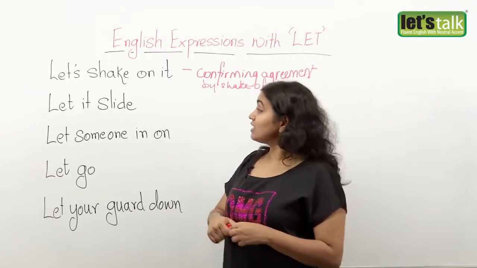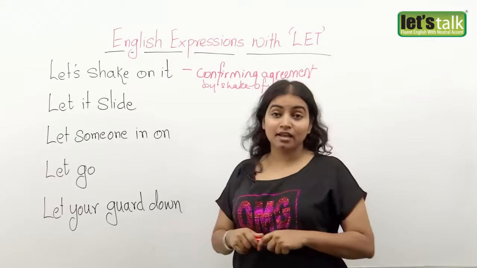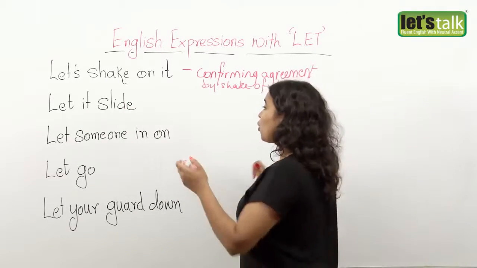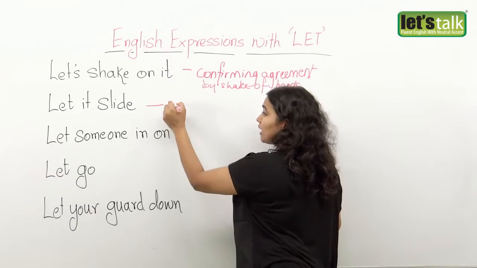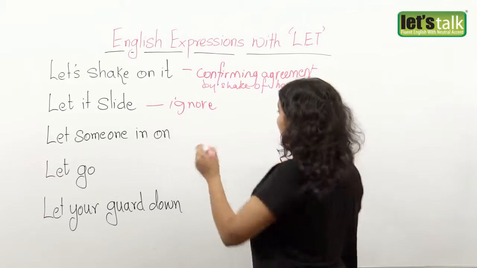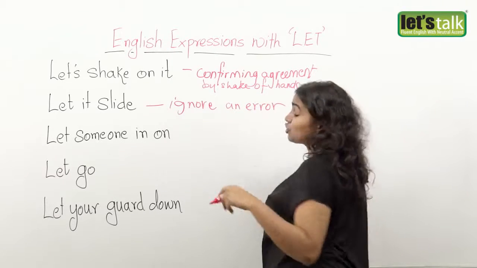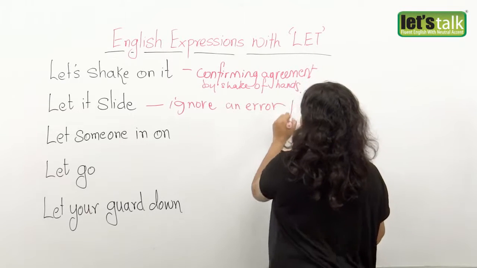The next one is let it slide. Okay, let it slide is an expression used when you choose to ignore an error or someone's mistake, or when you choose to ignore a problem.